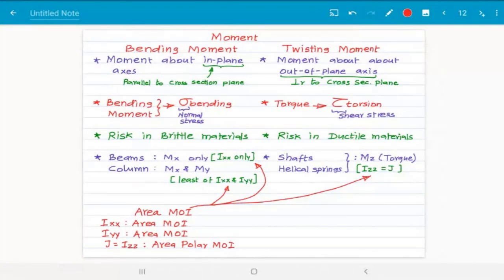Can you give me an example of the whole object rotating? Wheel, very good. So our two-wheeler wheels are rotating fully.